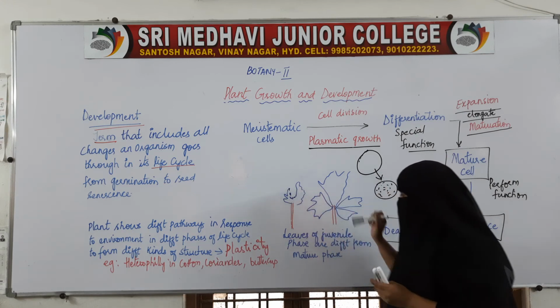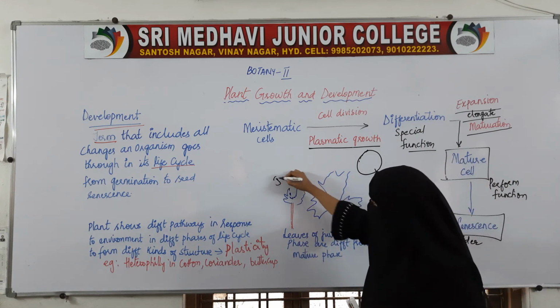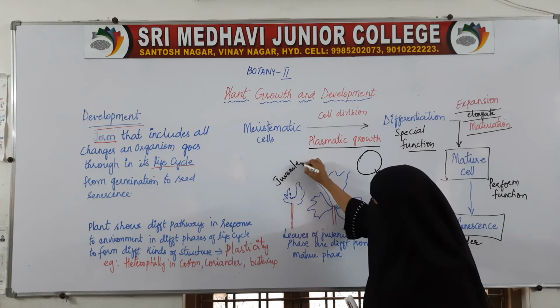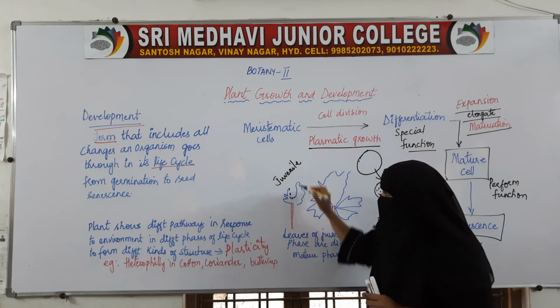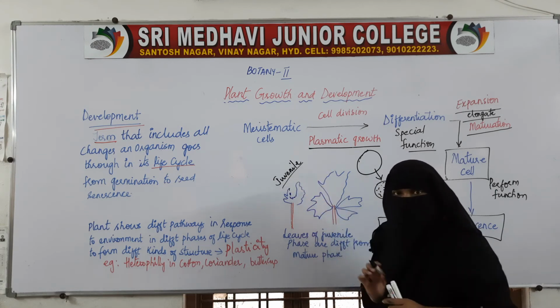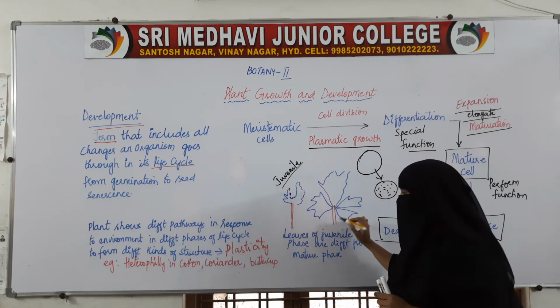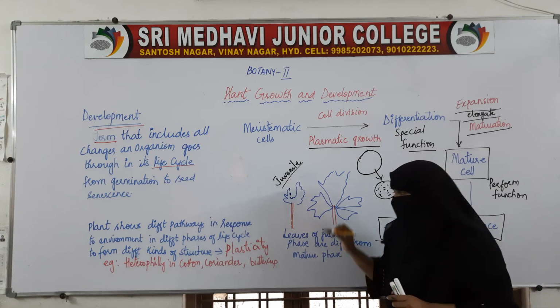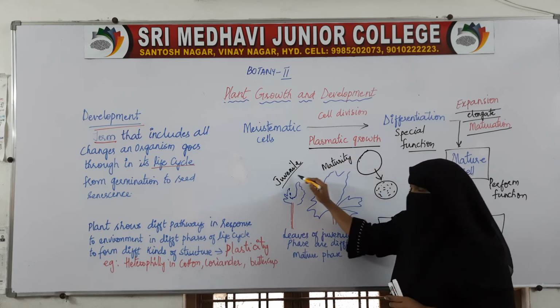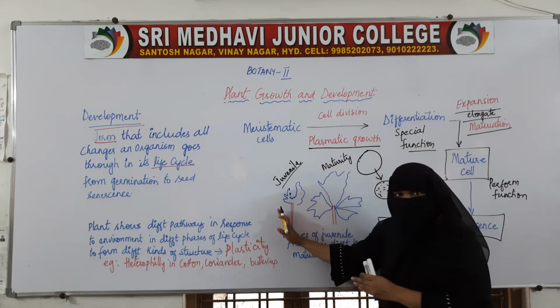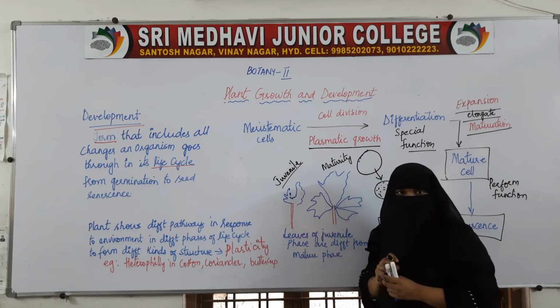When the leaf is in the juvenile phase, the structure will be like this. But when the leaves become mature, the structure will become like this at maturity. This is one phase of life and this is another phase of life.